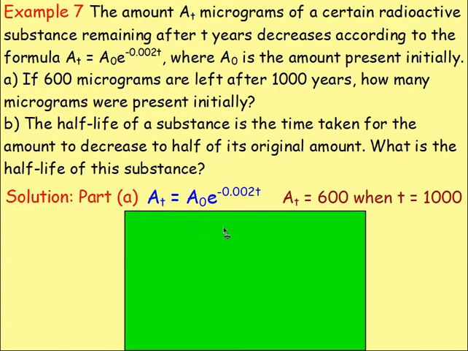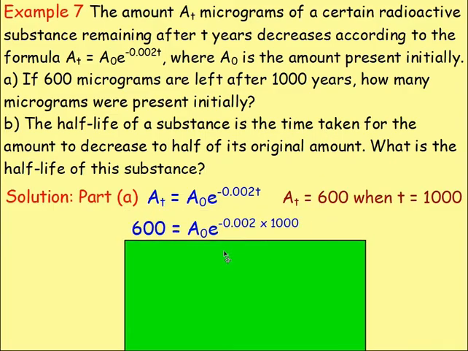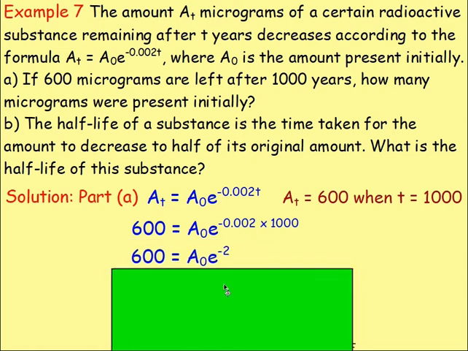So we can replace A_t with 600, and we can replace t with 1000. From there, if we work out negative 0.002 times 1000, that'll give us 600 equals A naught e to the power of negative 2. Remember, we are wanting to work out the amount present. We want to work out A naught.